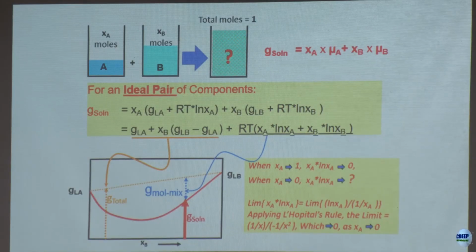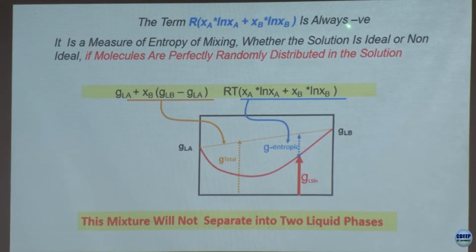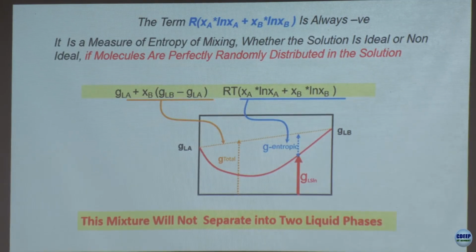Fine. Now this term, you would realize, is first of all always negative, and it is also the entropy of the system, because if you take the total Gibbs free energy, take a partial derivative with respect to T, okay, the first term vanishes.